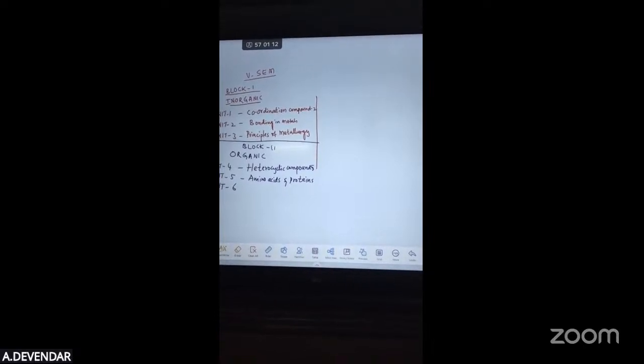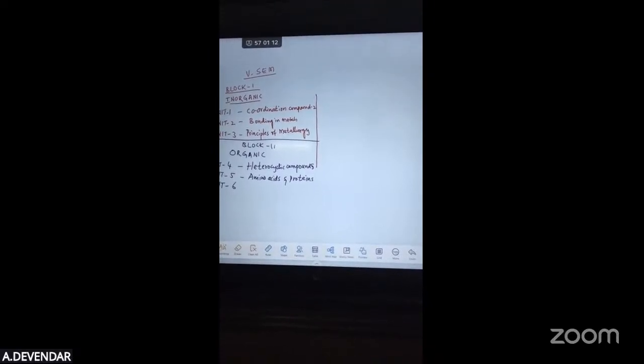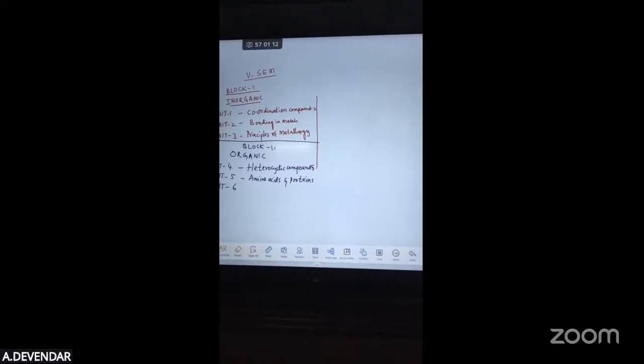And the 6th unit is vitamins and hormones.